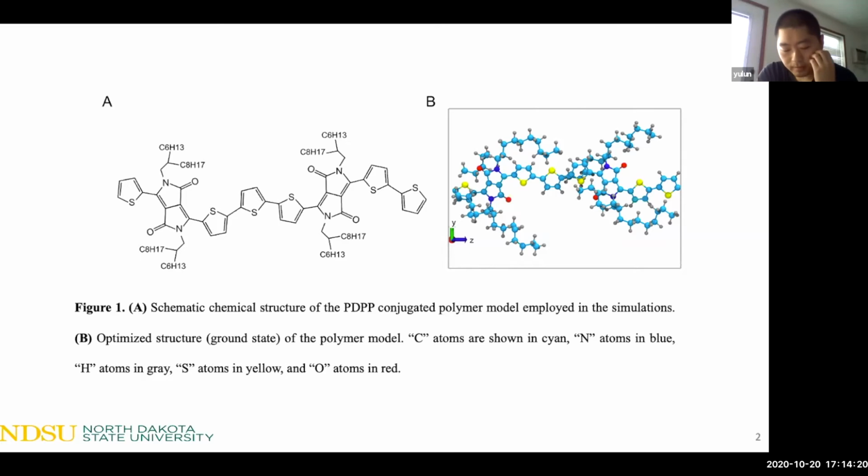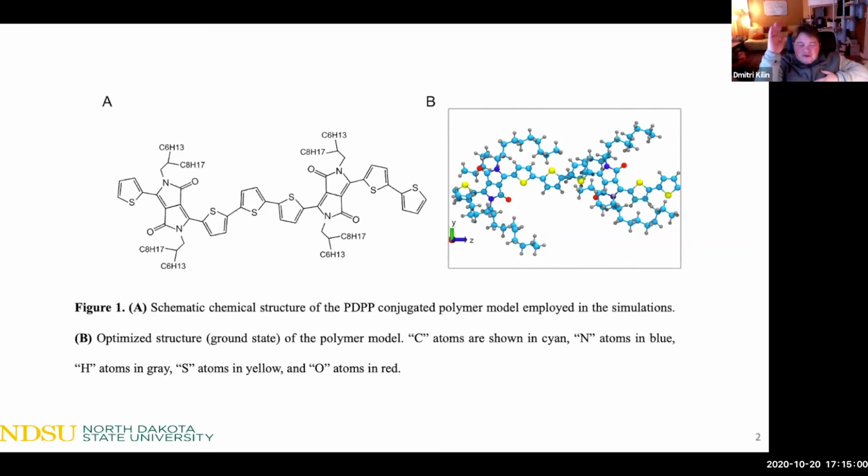Okay, so my question is, the ground state calculations are very cheap and available to everyone. What makes your study special? Maybe the excited state of this polymer is the novelty of this job, if we just take a look at it, not the molecular dynamics.